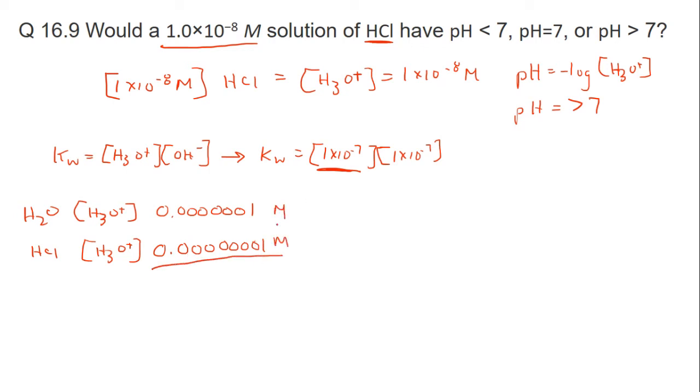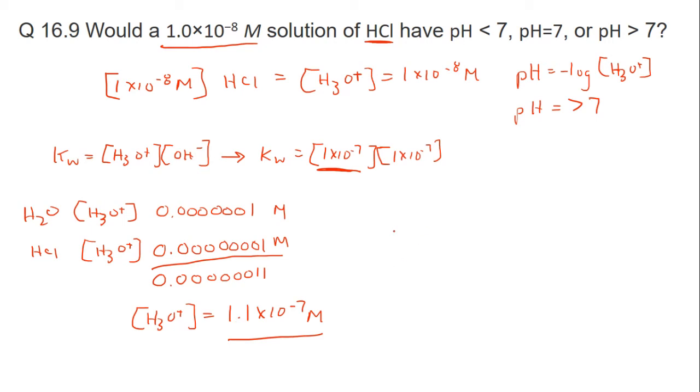So to get our total concentration of hydronium that we need to calculate pH, we can simply add those both together to get 1.1, which is basically H3O plus equals 1.1 times 10 to the minus 7 molar. So now we have the concentration of hydronium.